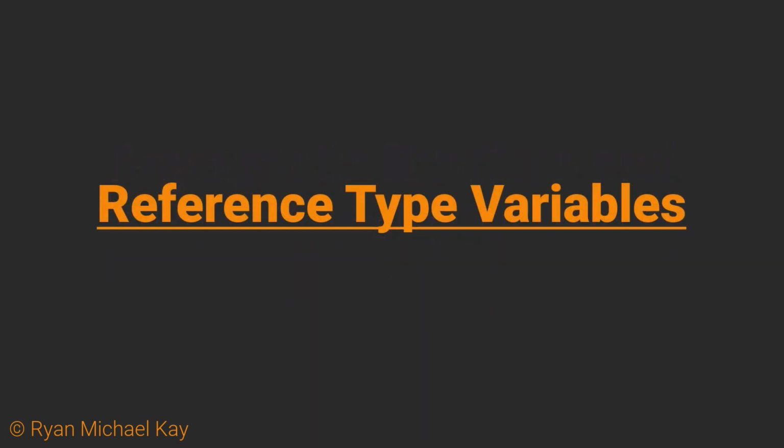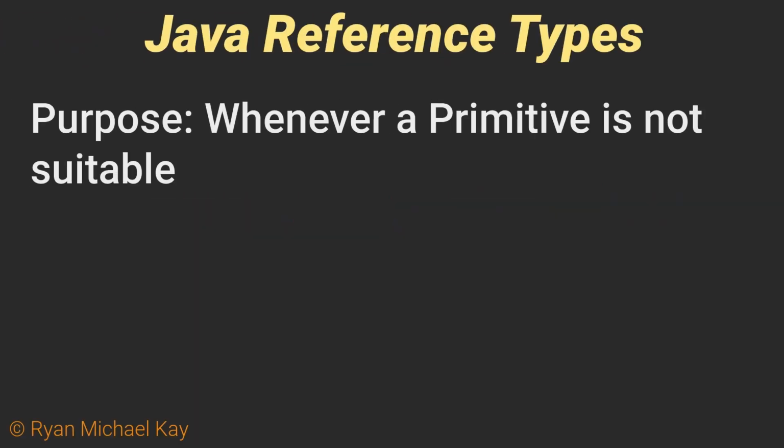Another kind of variable in Java is called a reference type variable. This particular name, reference, has been the source of confusion and many arguments for students of programming for over 20 years. I will address this confusion more in the next part of this course when we talk about functions and logic. The purpose of these reference types is when we want a variable which represents something not suitably represented with a primitive.